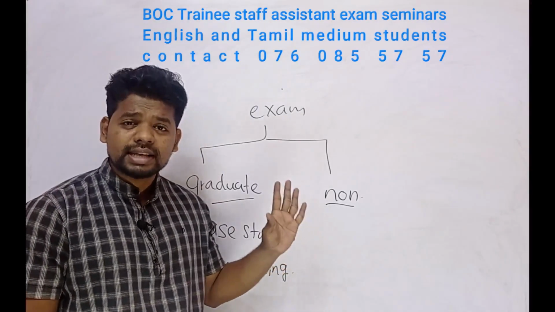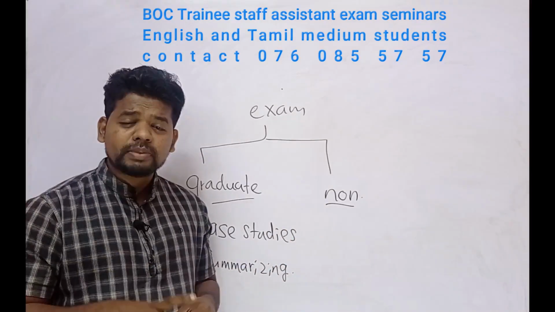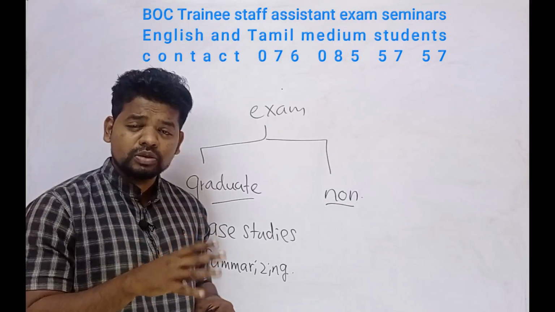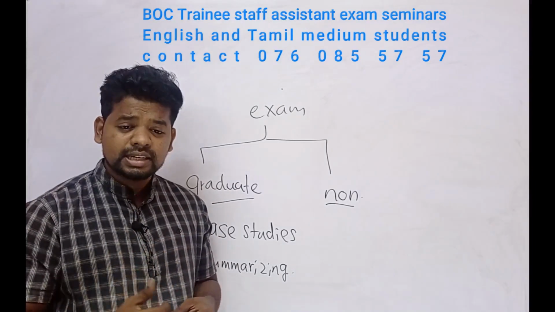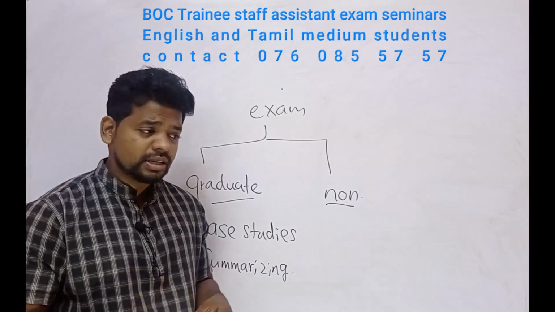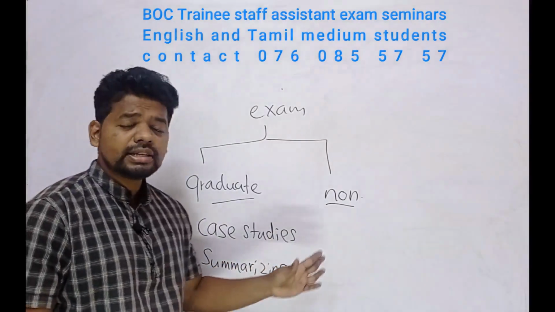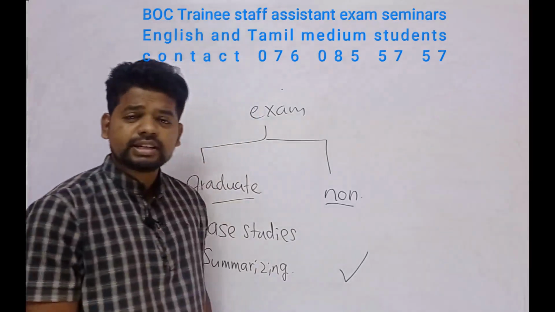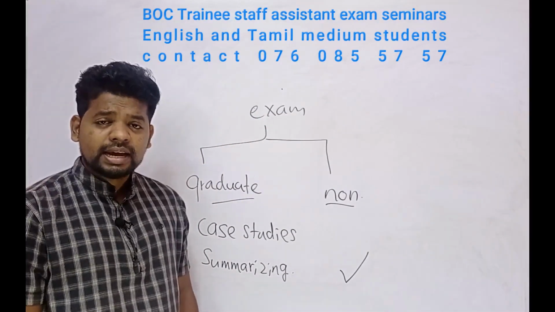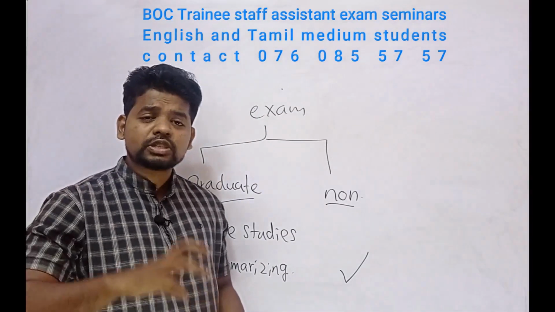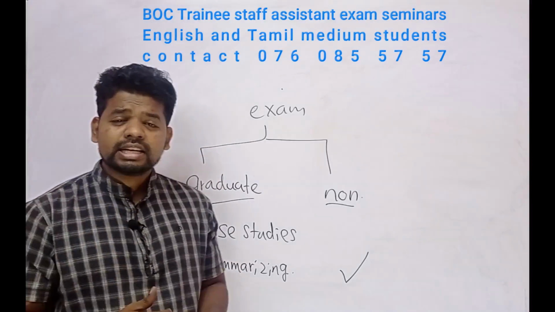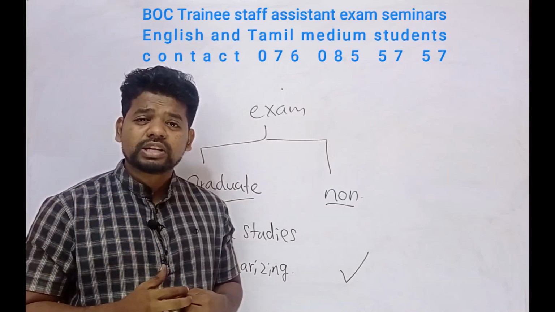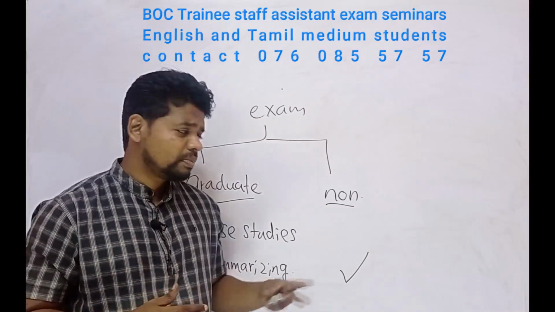But when I talk about the previous two Bank of Ceylon examinations, the management trainee and the SMIB examination, normally summarizing doesn't come for non-graduate, but it came. Therefore, I think the government exam department has changed the structures of those papers a little bit.